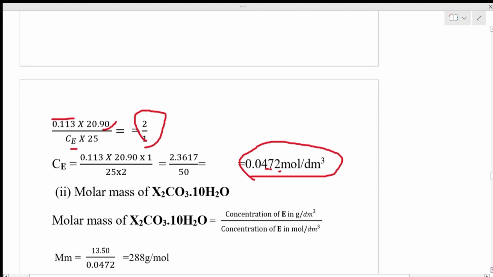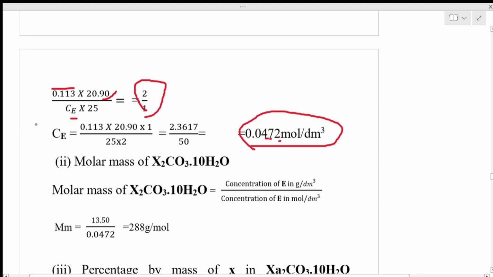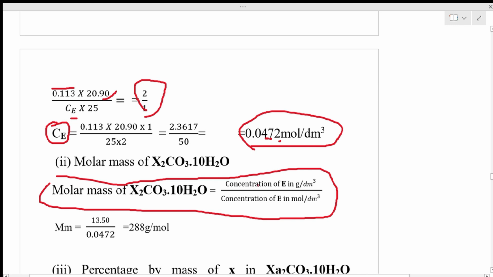What is the molar mass of this? Since we know this one now, we are going to be using this formula. Molar mass is equal to concentration in gram per dm³ over concentration in mole per dm³. Our concentration in gram is 13.50, divided by the calculated value we have here, which is 0.0472 mole per dm³.